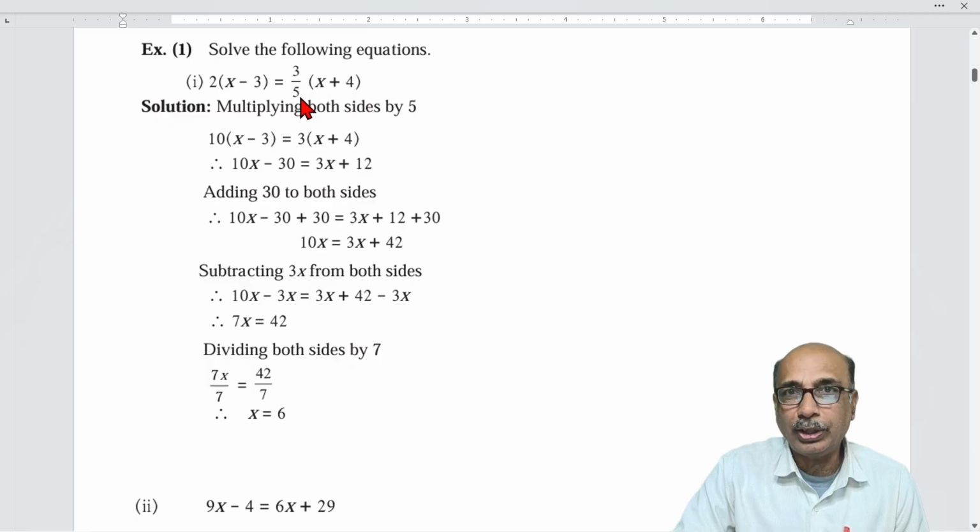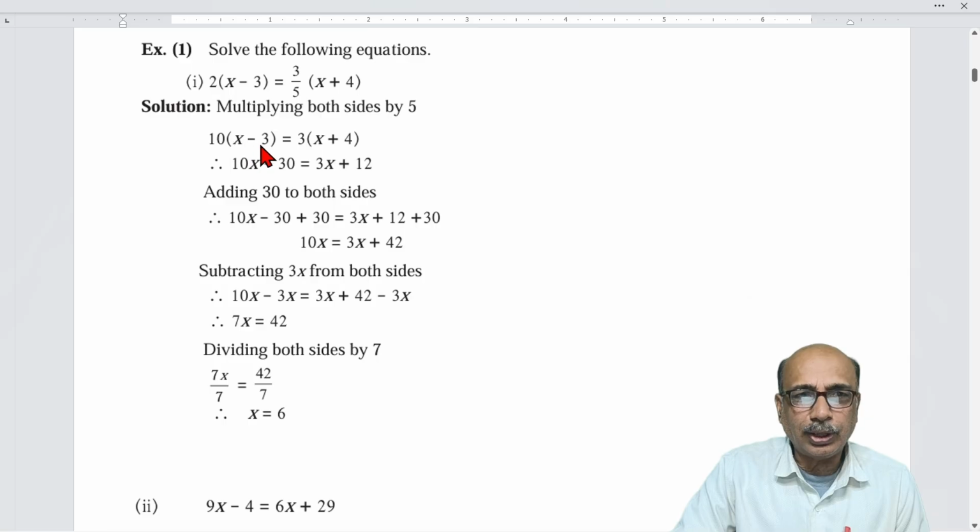But here 5 is in the denominator. So what you do? Multiply by 5 on both the sides. So 5 into 2, 10, x minus 3. Here 3 by 5 into 5, 5 will get cancelled. What is left? 3 only into x plus 4.